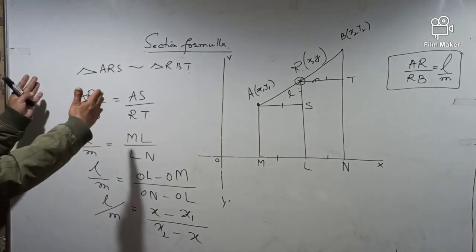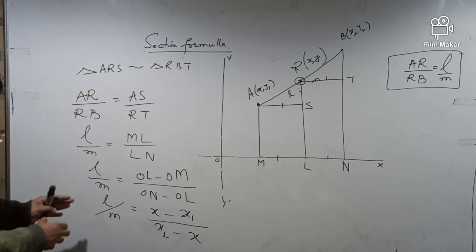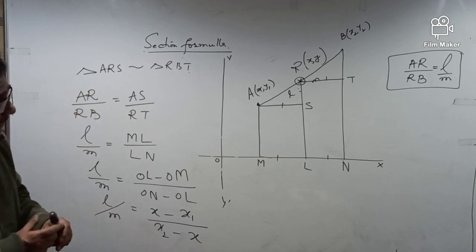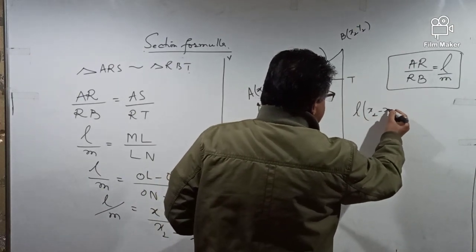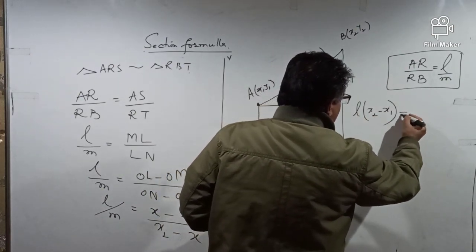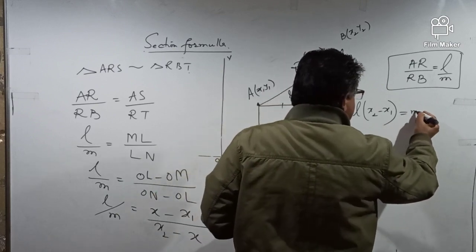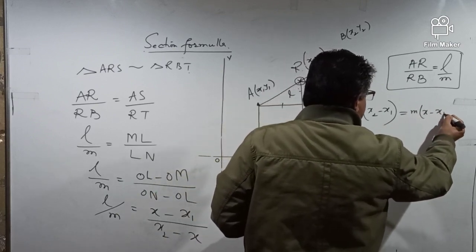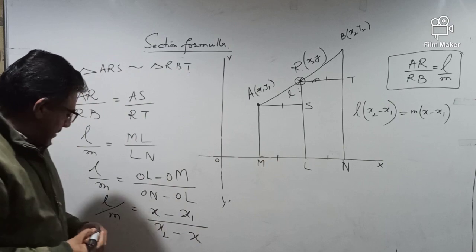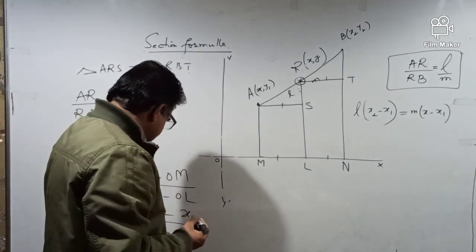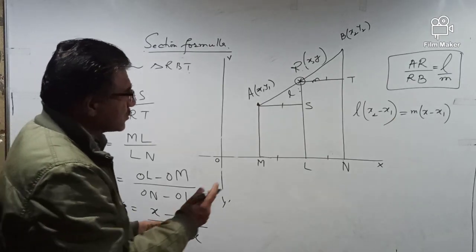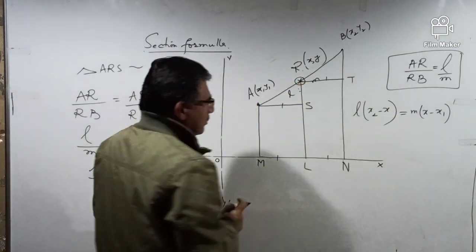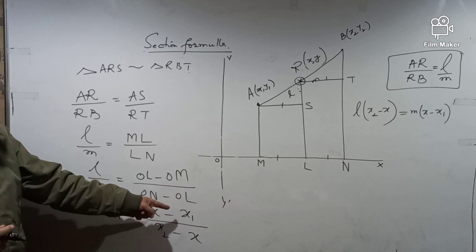Have a look on this first, then I will come to the simplification. So I will cross multiply. So after cross multiply I will get L times x2 minus x1 is equal to M times x minus x1. See, x minus x1, x2 minus x. x2 minus x is equal to M times x minus x1.